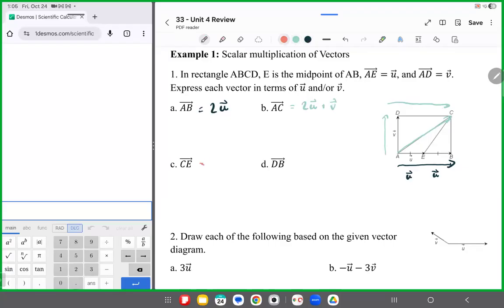Okay, what about vector CE? Okay, so we start at point C and we go down.